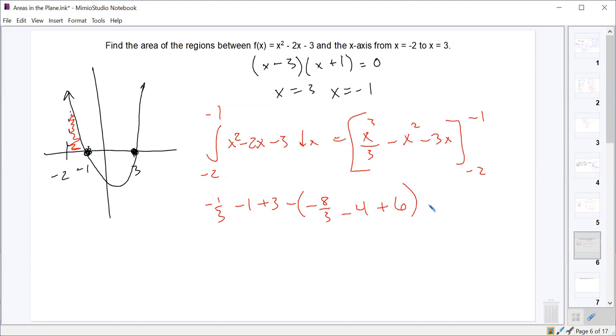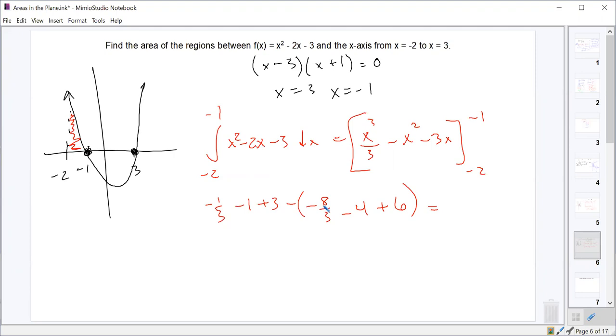Everybody agree with the arithmetic there? Hopefully. All right.